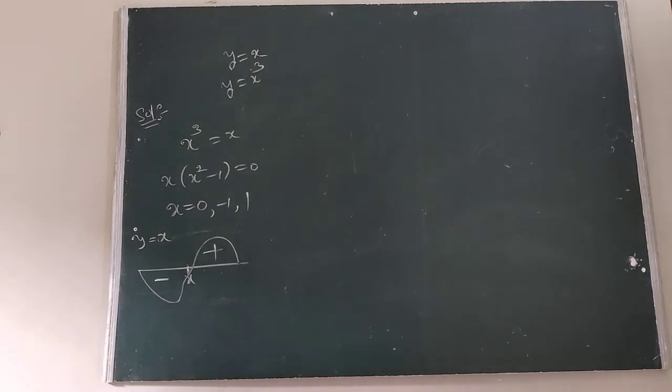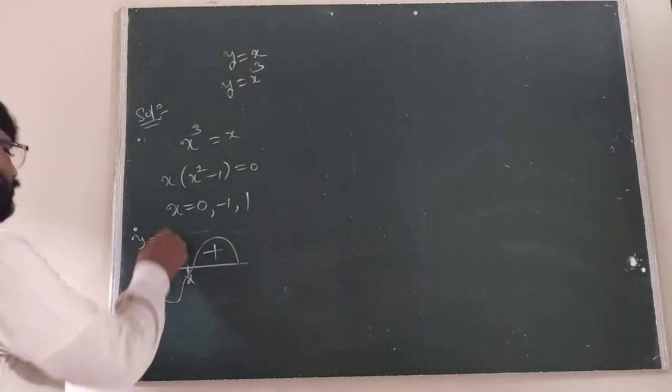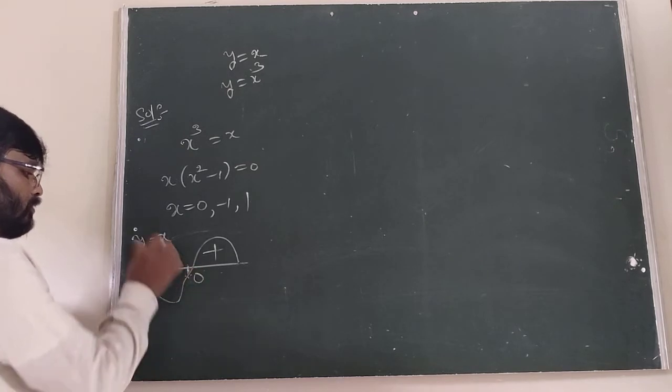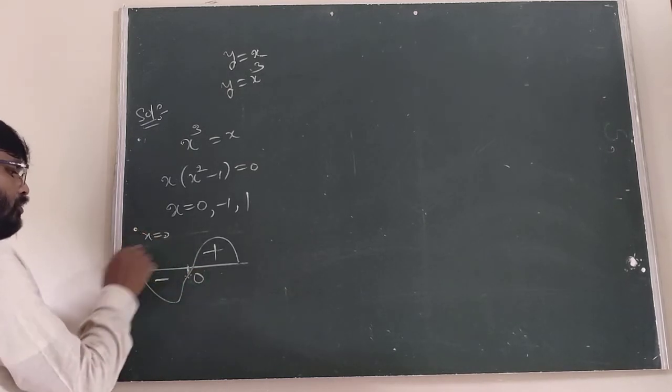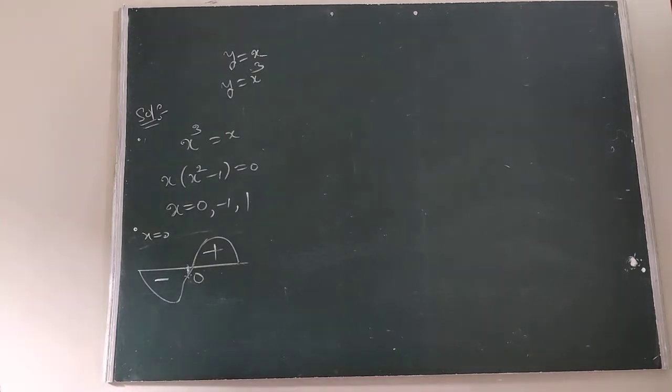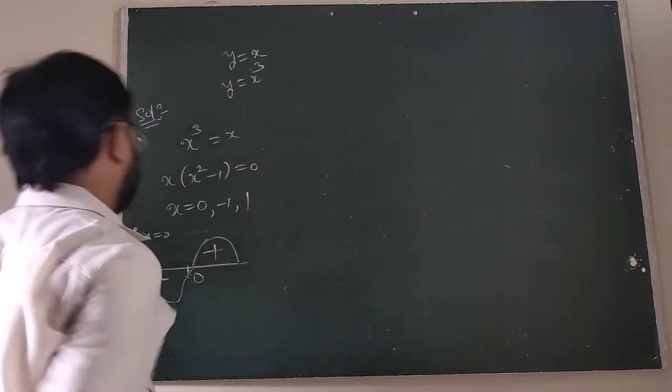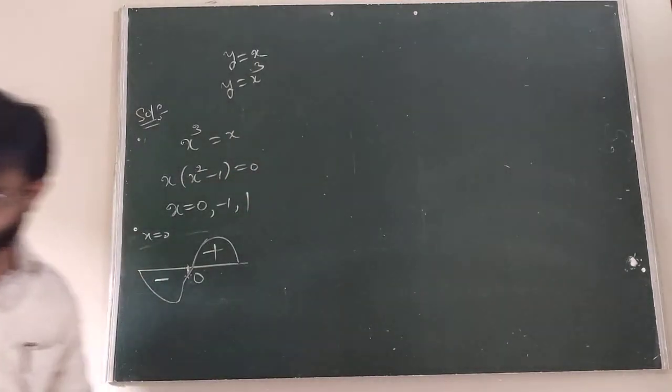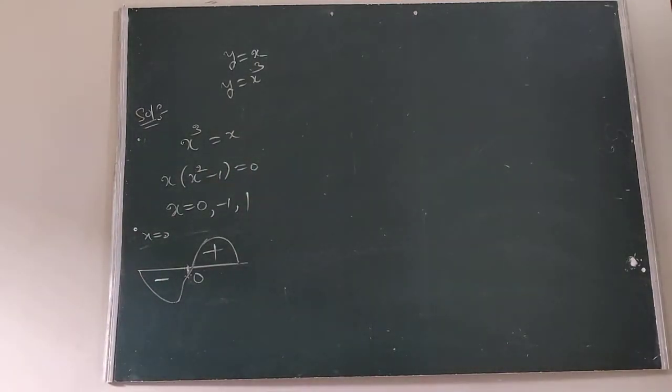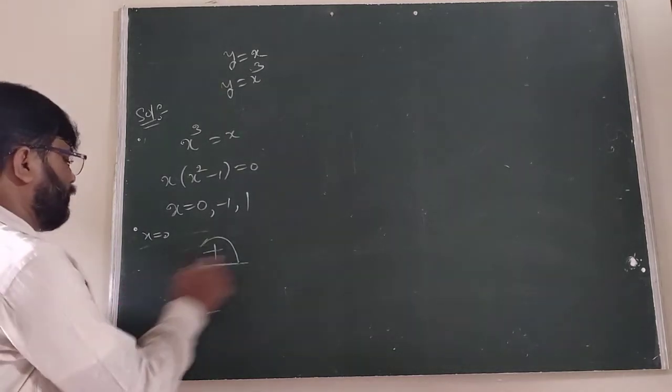When we take x cube, x equal to 0 here, this is the cubic function. This is also plus and minus: 0 above positive, 0 below negative.